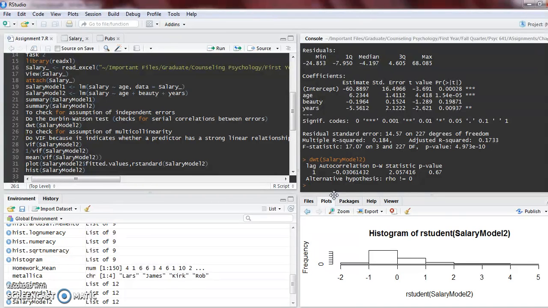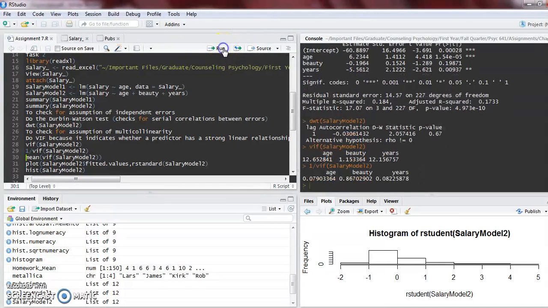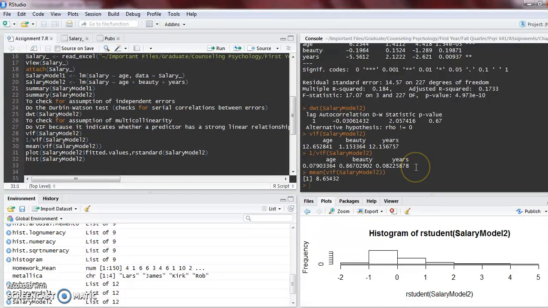Now we check for multicollinearity. So we have to do the VIF, and it indicates whether a predictor has a strong linear relationship with other predictors. So we're going to run that. And I'm also going to run tolerance and the average of the VIF. Andy Field mentions that if the highest VIF value for a variable is greater than 10, there's a problem that we have to be concerned about.